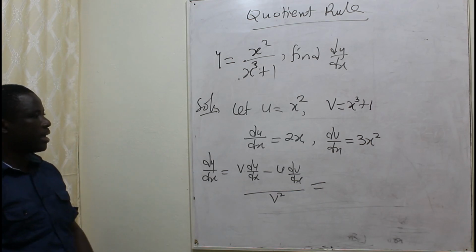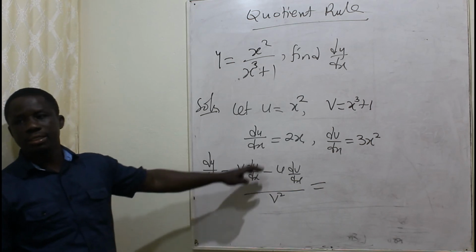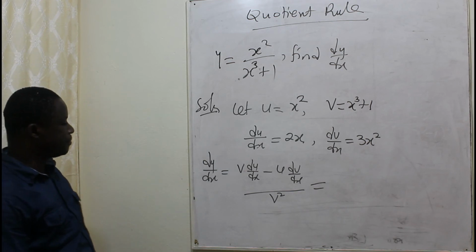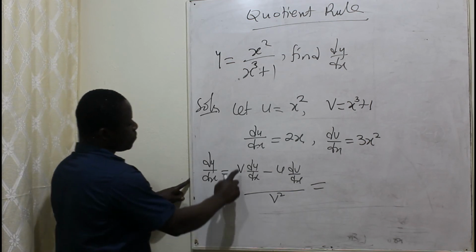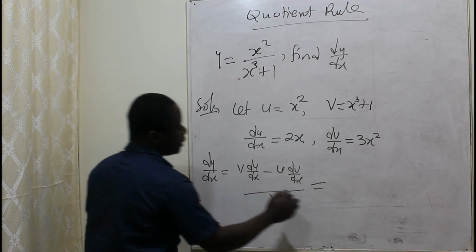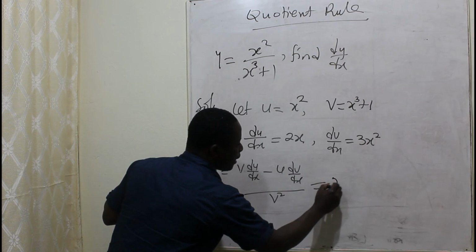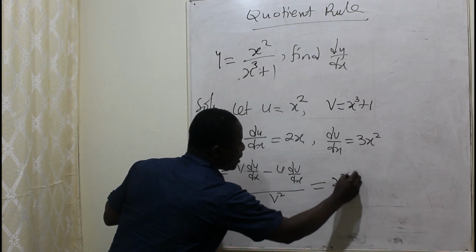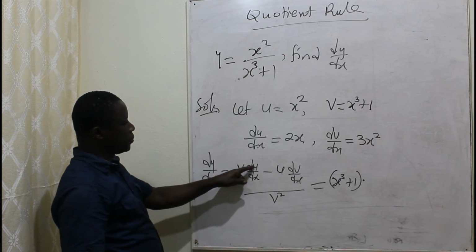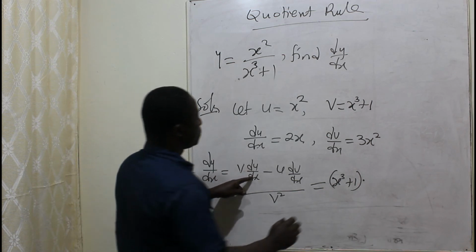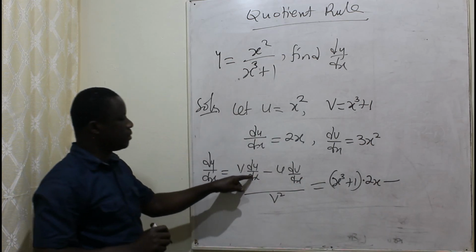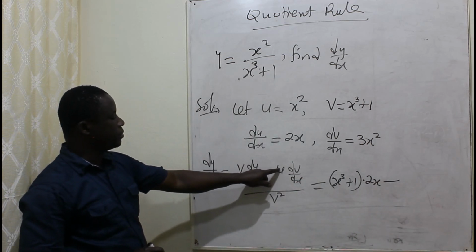So if it is okay, we make these substitutions into our formula. And what is our v? Our v is x cubed plus 1 times du/dx, which is 2x, minus, you maintain the u.